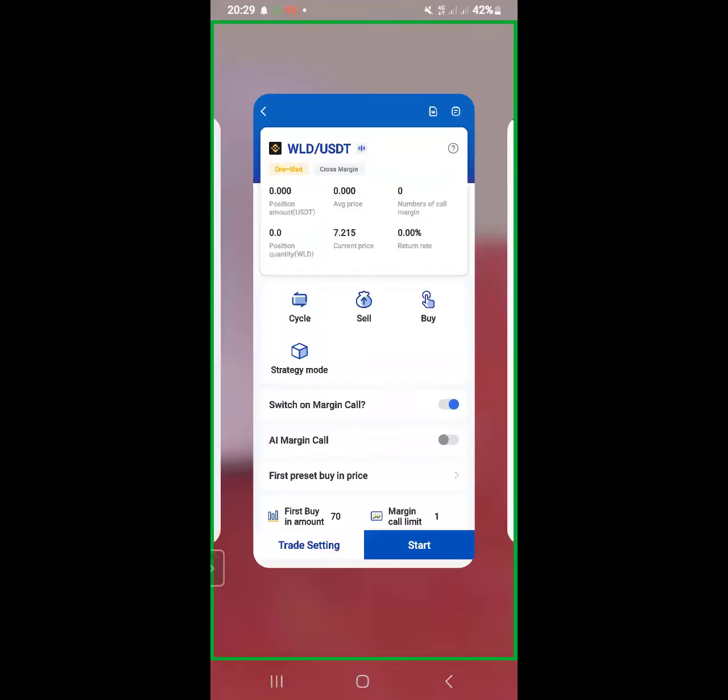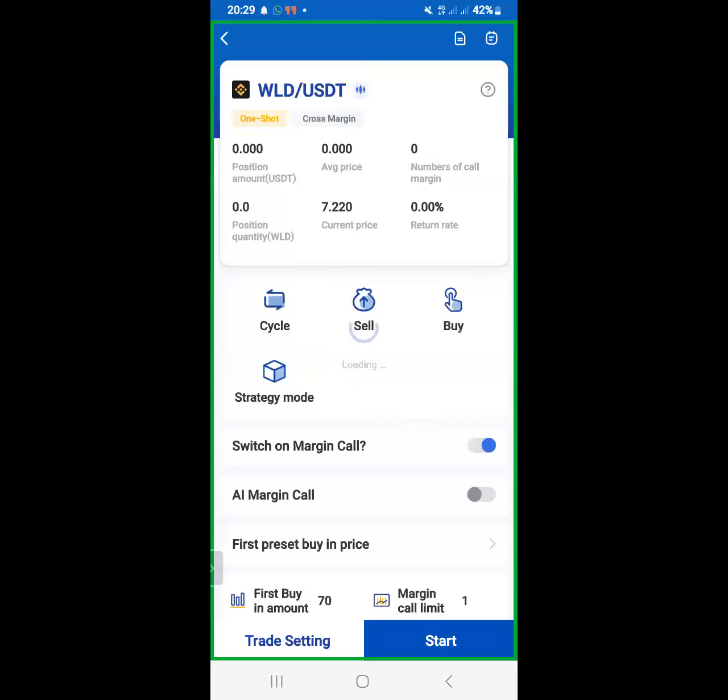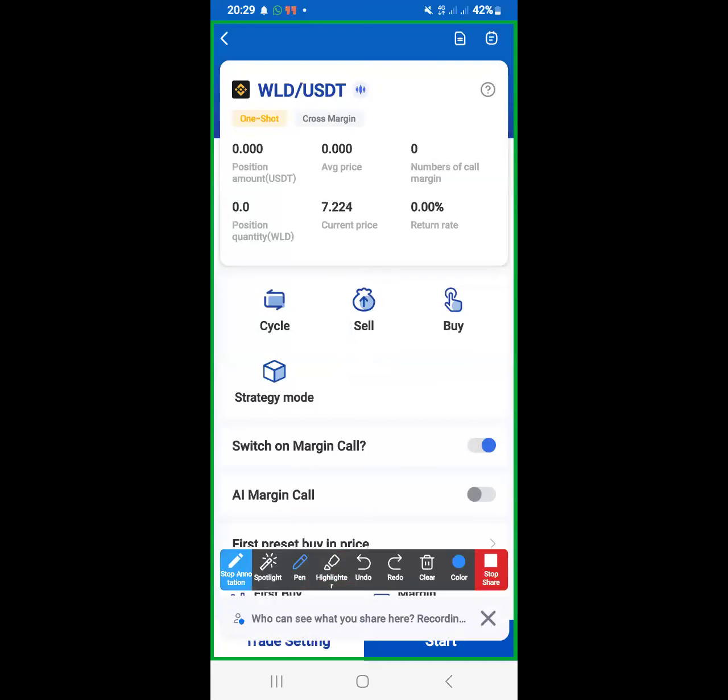So that is the return rate. Now, when it comes to this part, the sell icon and the buy icon. The sell icon serves one purpose. There are moments when the market price may rise significantly by a good percentage. In other words, there may be a time where you will float in profit.